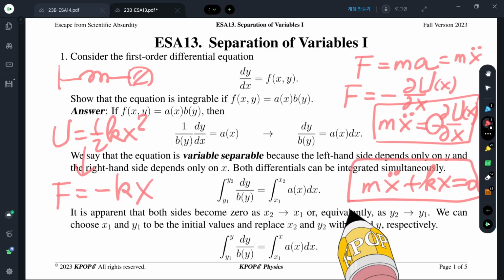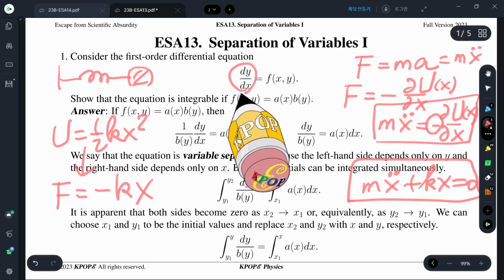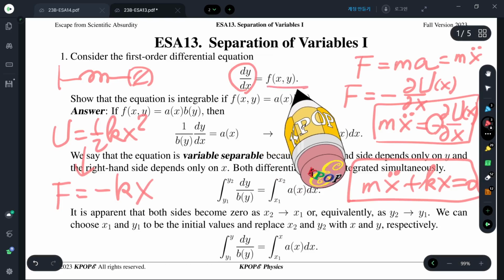But before we attack this problem, we consider a simpler problem, that is a first order differential equation. The most general form of the first order differential equation is that the derivative of y is a function of x and y. That is the most complicated case.